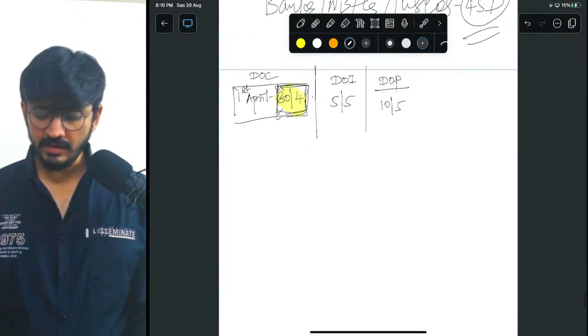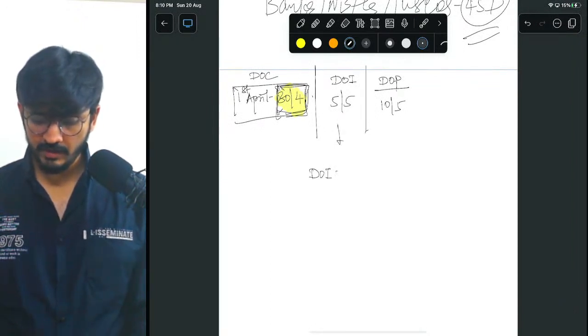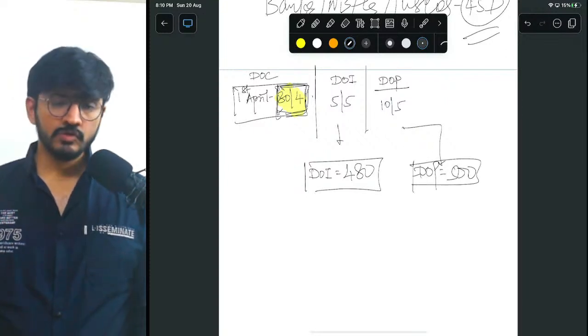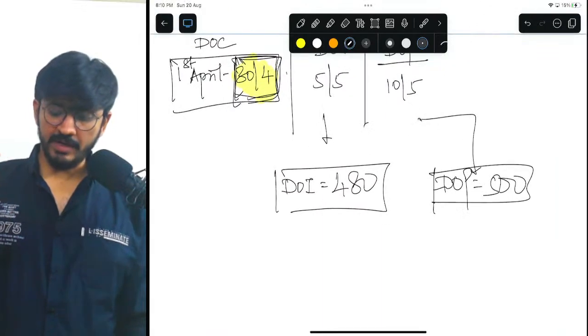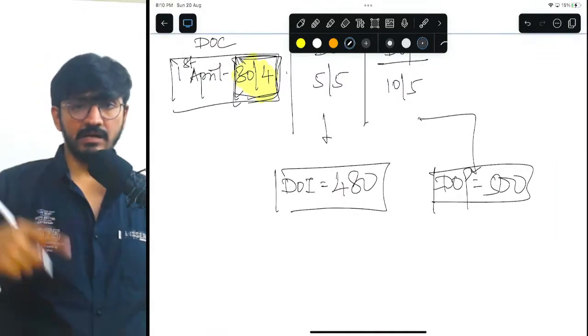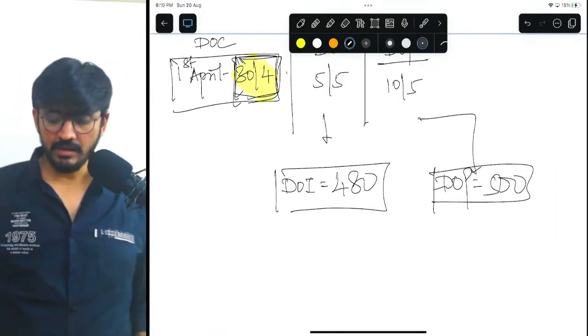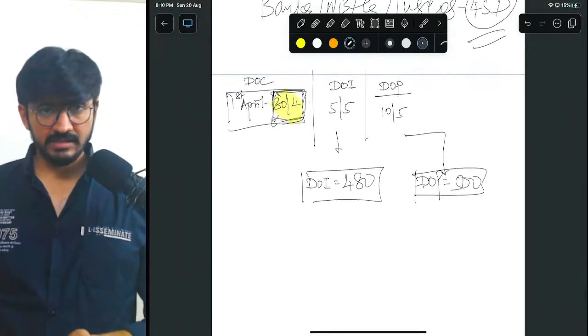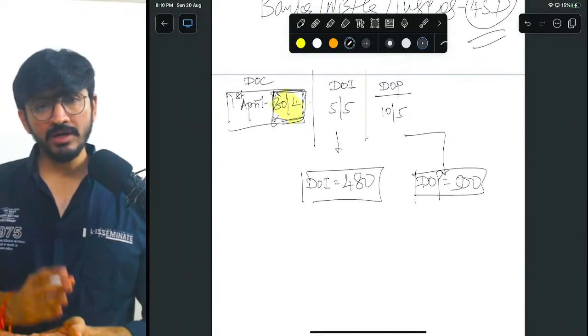Now the issue is that the invoice was issued at 480 rupees. But you, being a rich guy, made the payment of 500 rupees, so you have paid 20 rupees extra in excess. Now understand, you will be taxed at what the invoice is raised.